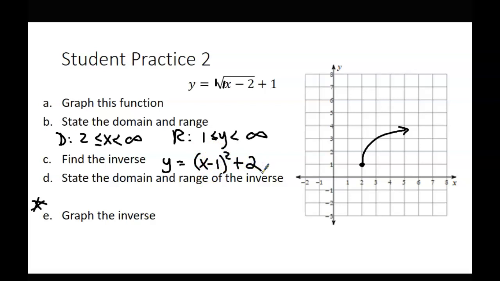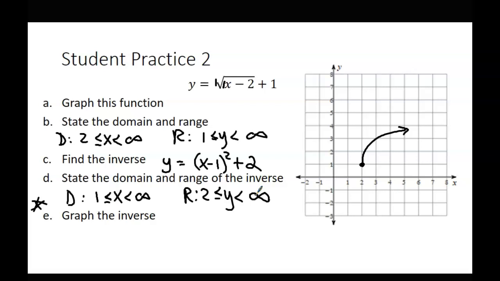Okay, good. And Joaquin, what's our vertex for the inverse? Well, actually, what's the domain of the inverse? 1. Good. And the range would be? Okay, good.